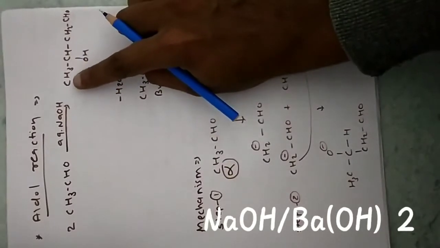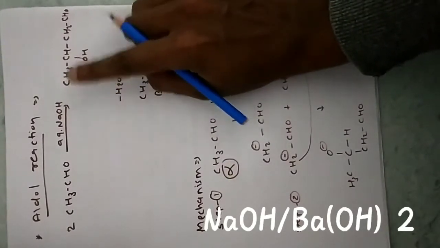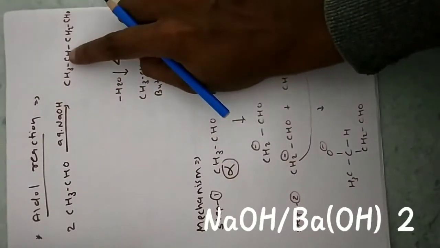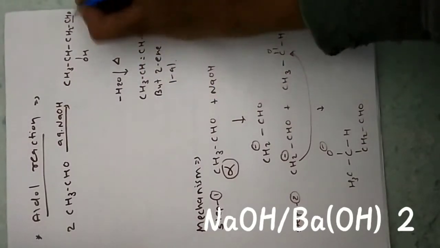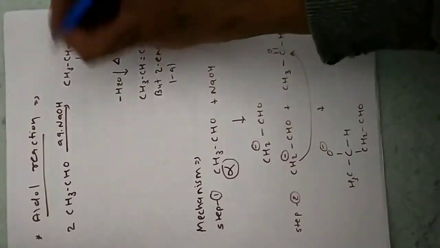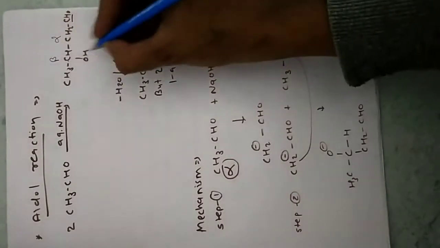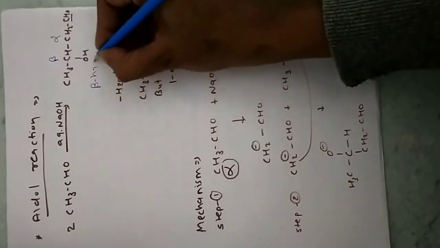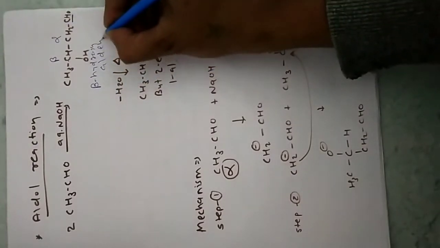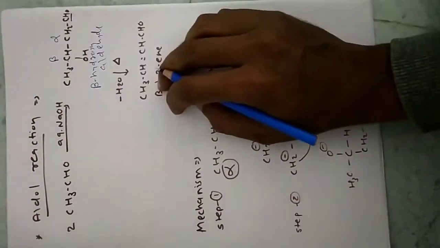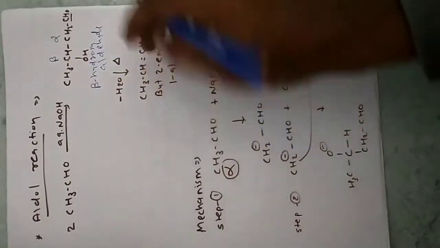In the first step it will give you beta hydroxy aldehyde. You can see this one is our CHO, this one is our alpha carbon, this one is beta carbon. So beta hydroxy aldehyde, that is our first step. Now in the next step what will happen here?